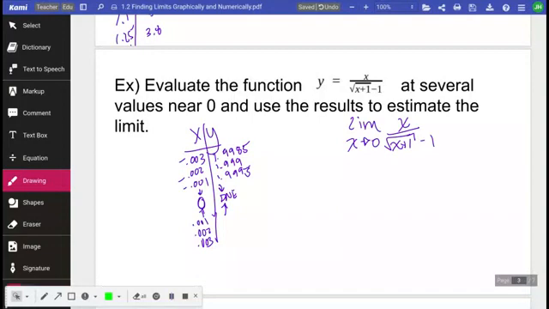And then I can plug in 0.001 and get 2.0005, 2.001, 2.0015. And if you notice, each time they're getting closer to what number? Well, if I were to round, this would be approaching 2, and these, rounding down, would be approaching 2 as well. So we can say this limit is approaching 2.